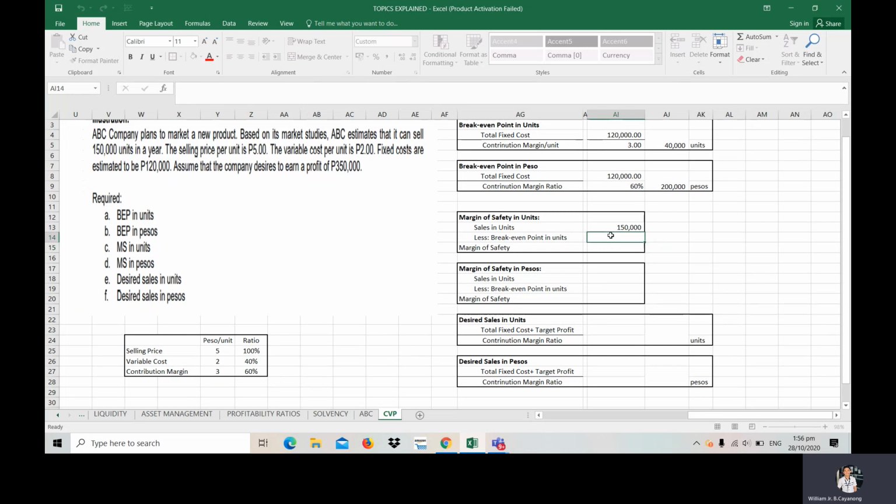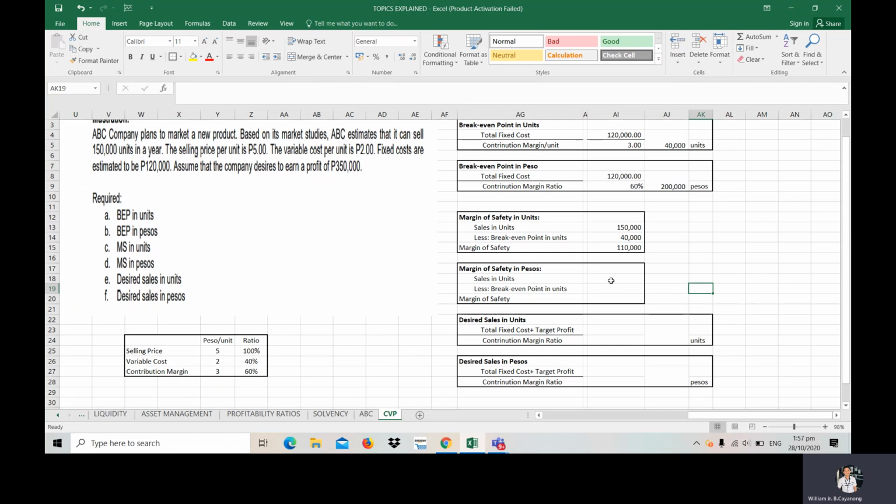It's 40,000 units, which we got in the first requirement. So our margin of safety from the sales, we deduct the break-even point where we have no profit and no loss. Therefore, our margin of safety is 110,000 units. So we really have safety units, because we produce beyond the break-even point.